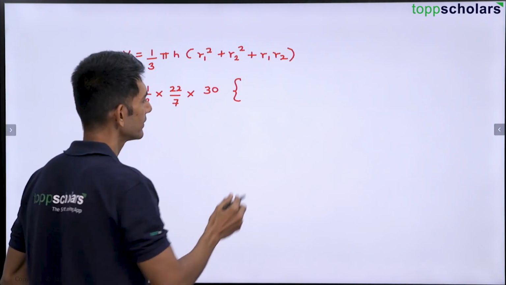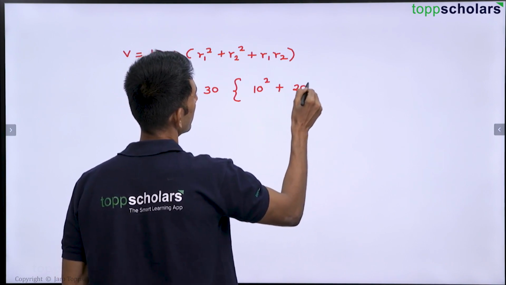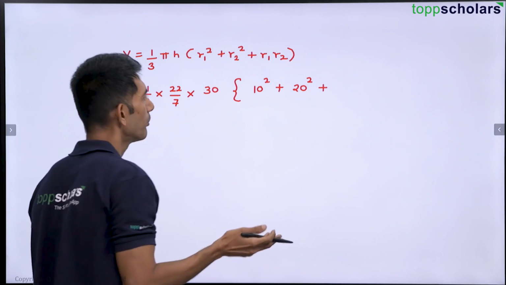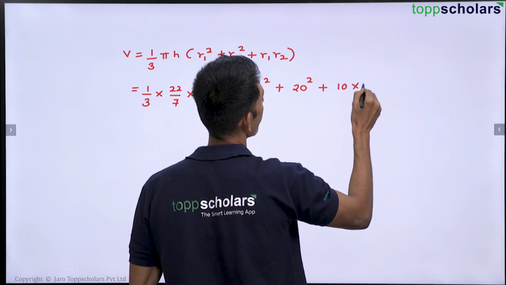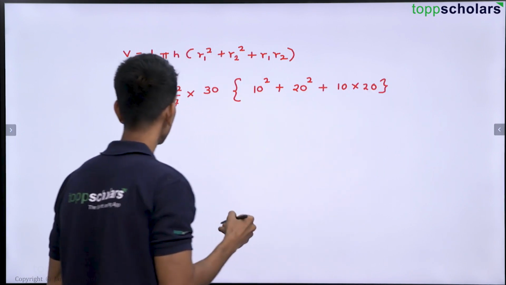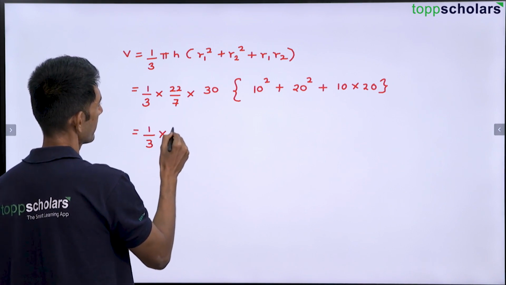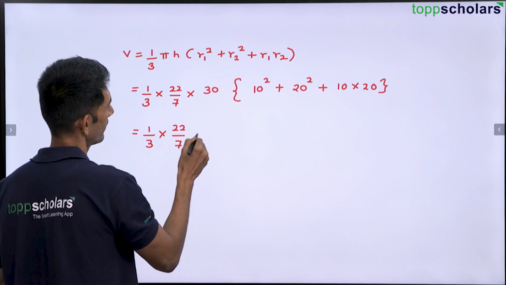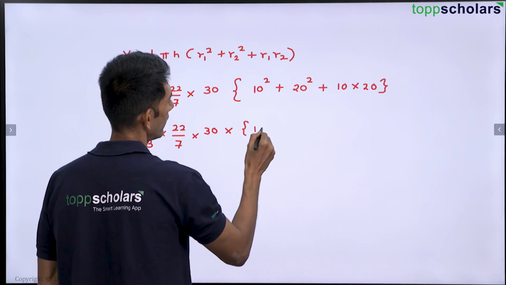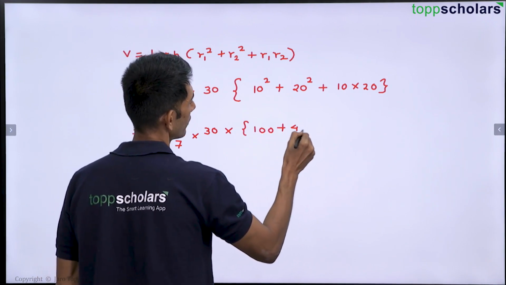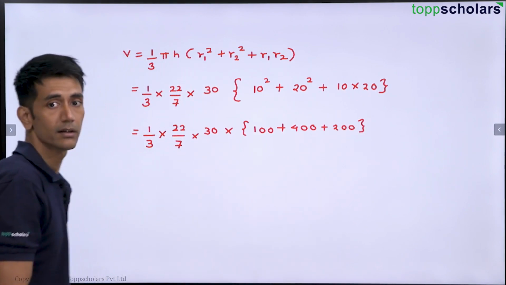R1 square is 10 square plus 20 square plus R1 into R2. R1 into R2, that is 10 into 20, correct? So this becomes 1 by 3 into 22 by 7 into 30 into 100 plus 400 plus 200, isn't it?